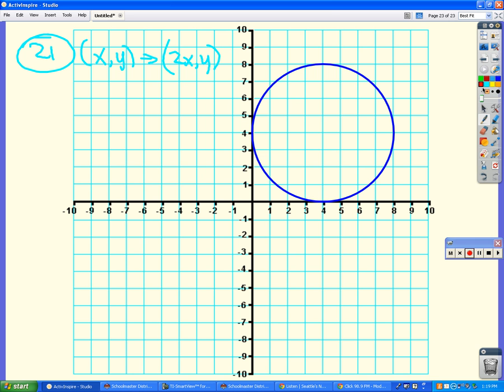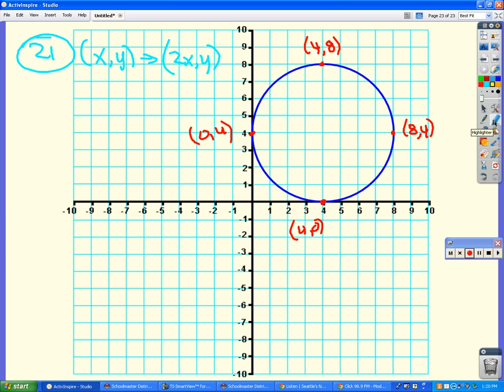So give me a couple points. The points that you guys have been naming are the north, south, east, west points of the circle. So where would this point go if I doubled the x and kept the y the same?